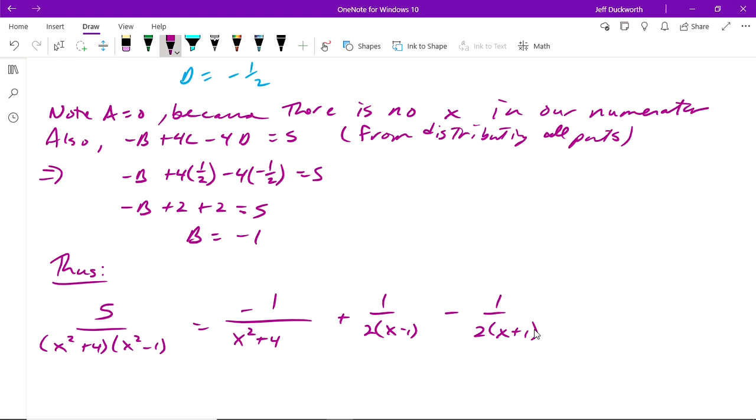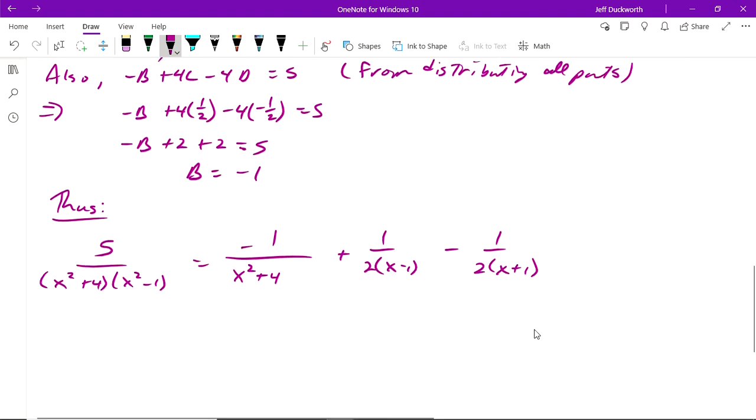And we can leave the 1/2s out, we can do whatever we want as far as that goes. So what does this give us here?